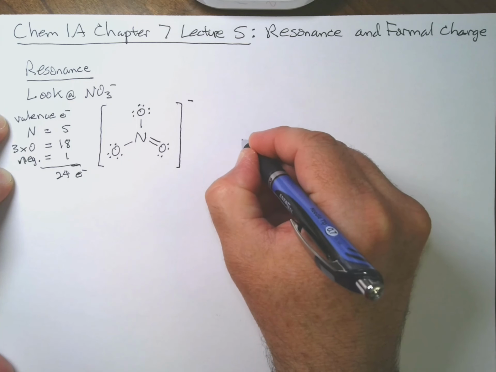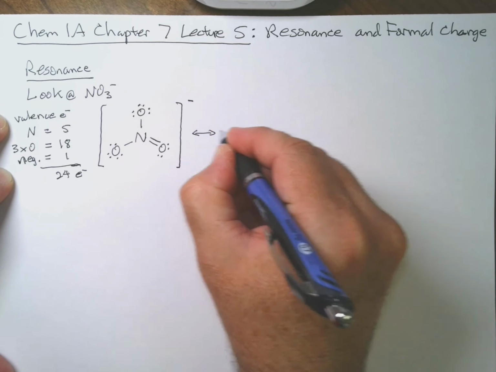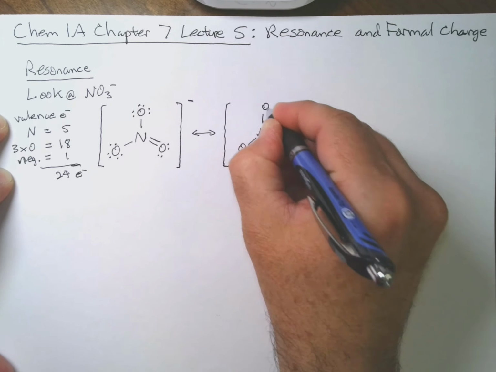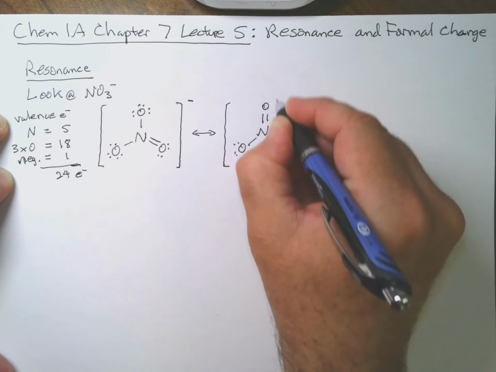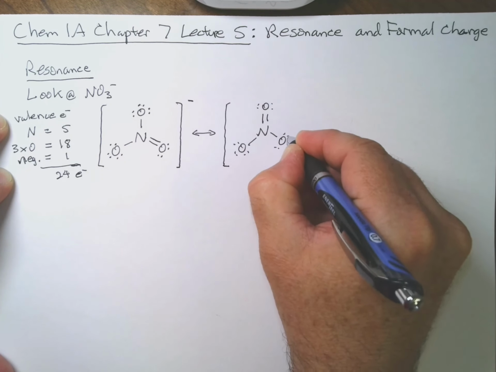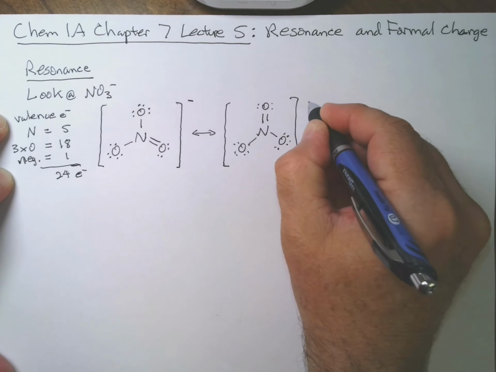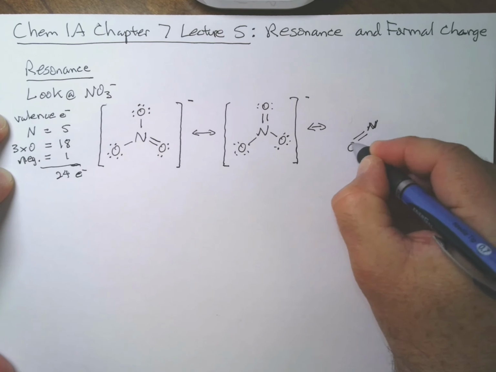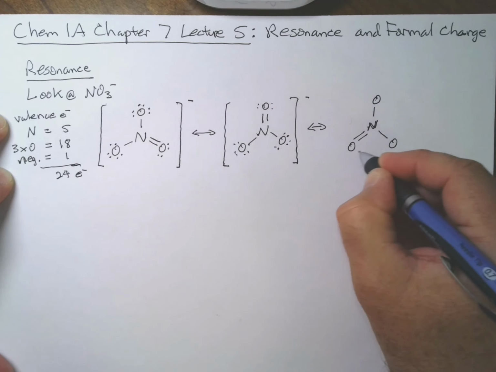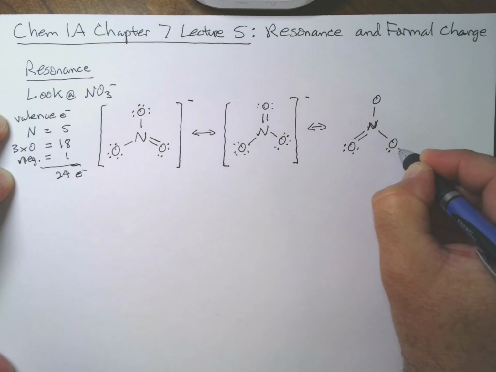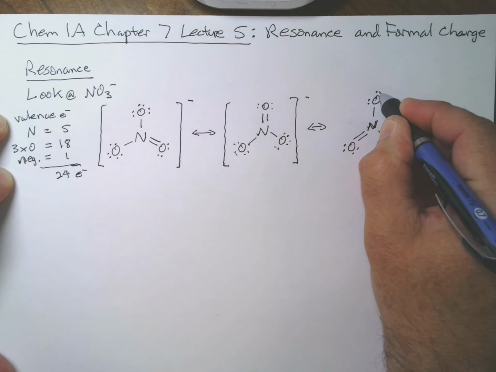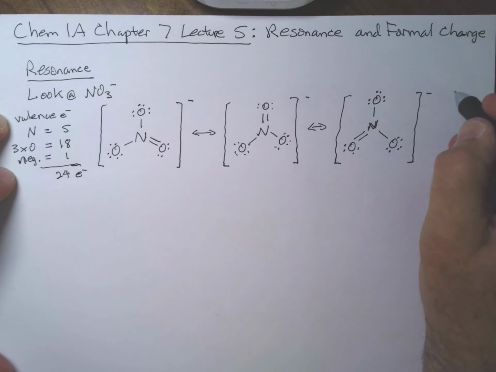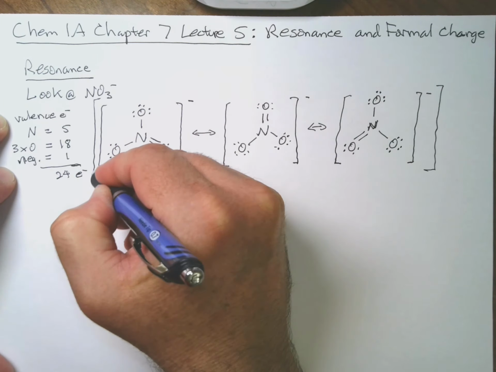I'll put this in some brackets here and we'll give this a negative charge. But what if I did this instead? Or what if I did this? Okay, these guys, I'll put them overall in brackets here.